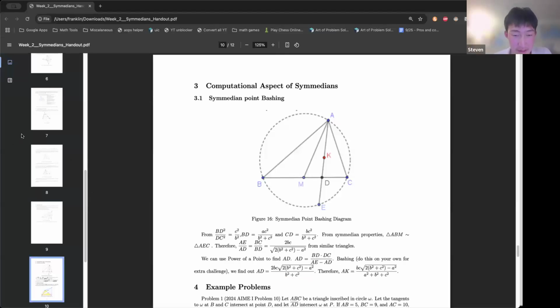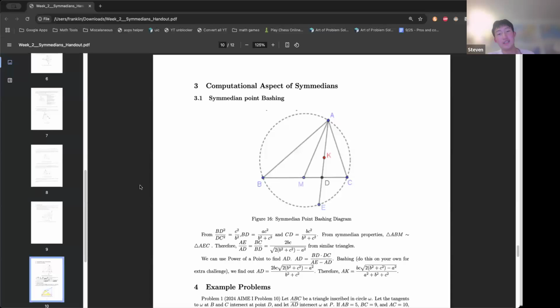All right, so let me go into detail of the bash, which is not really pleasant for the geo people. Here's another typo: BD over CD squared should be BD over CD equal to C squared over B squared. From our symmedian ratio, BD over CD is in fact equal to C squared over B squared.